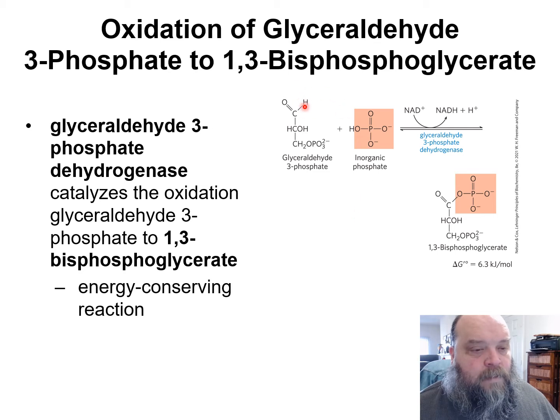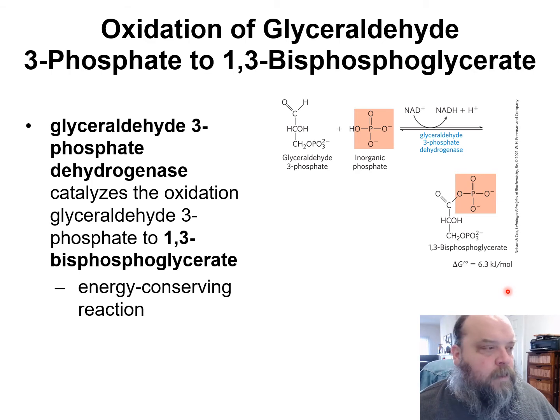It's going to take this hydrogen right here and add it to NAD+. It's going to take this phosphate and add it to that same carbon, generating 1,3-bisphosphoglycerate. This is a very endergonic reaction.